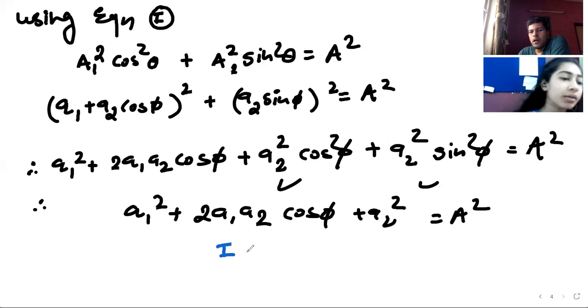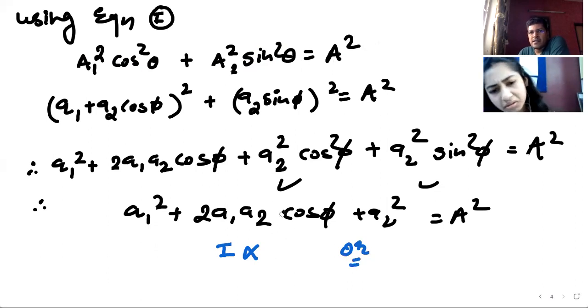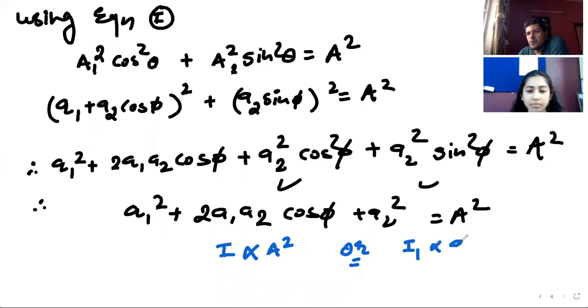I is proportional to capital A square or small a square. So I am exclusively using a capital I for capital A square. I1 is proportional to small a1 square and I2 is proportional to small a2 square.